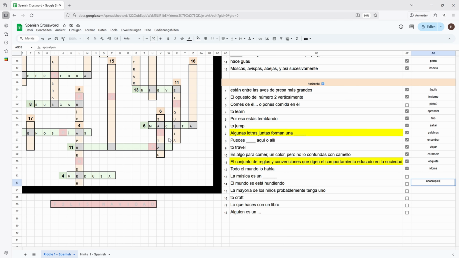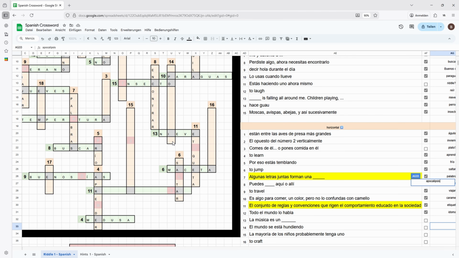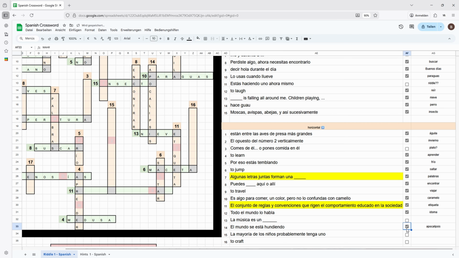Just 14. Do we have a last letter of? No, we don't have a letter of. I'm not sure.